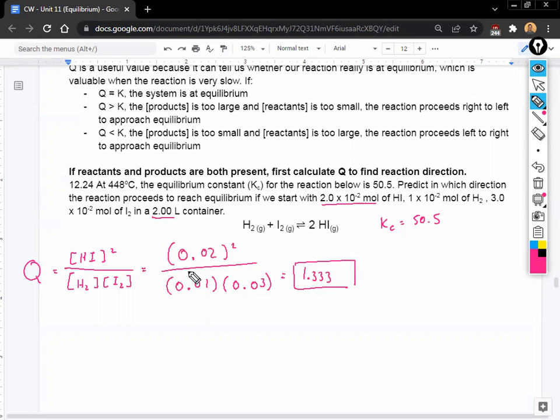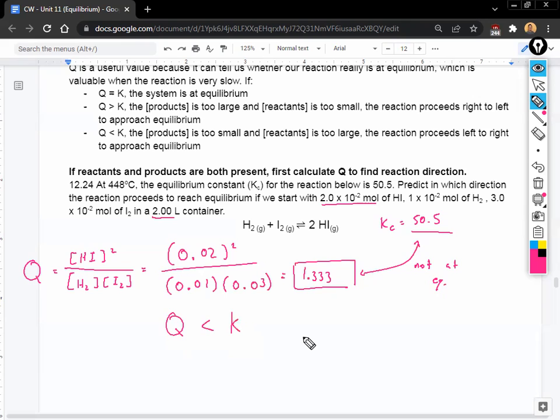Okay, so this is our value for Q. We said the Kc is 50.5. So we can look at this and obviously it tells us it's not at equilibrium, right? Now the key is we need to figure out which direction the reaction wants to go in. So if Q is smaller than K, what does that mean?